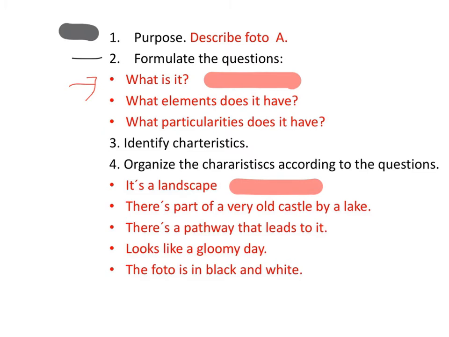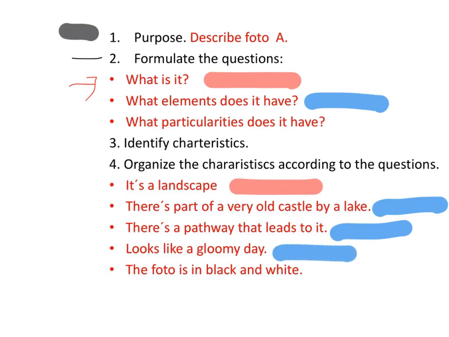And then the second question is, what elements does it have? There's part of a very old castle by a lake. There's a pathway that leads to it. It looks like a gloomy day, and the photo is in black and white. Those two can be the answer to the particularities that the photo has.